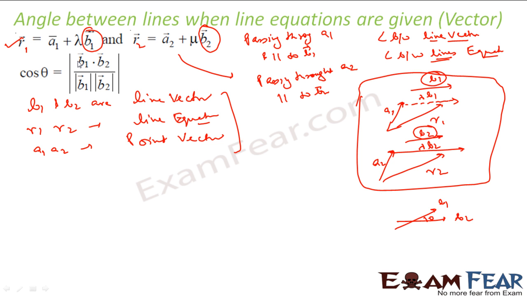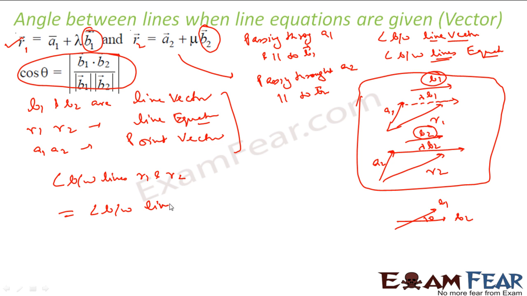The angle between the lines is nothing but the angle between these b1 and b2 vectors, correct. So cos theta will be nothing but b1 dot b2 divided by the magnitude of b1 times the magnitude of b2. It is simple, because the angle between lines r1 and r2 is nothing but the angle between the line vectors b1 and b2.